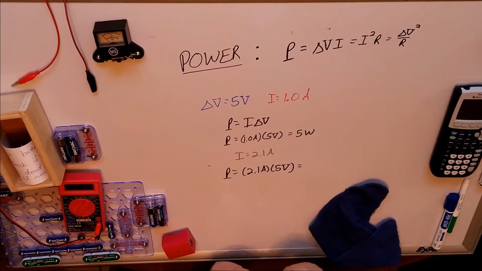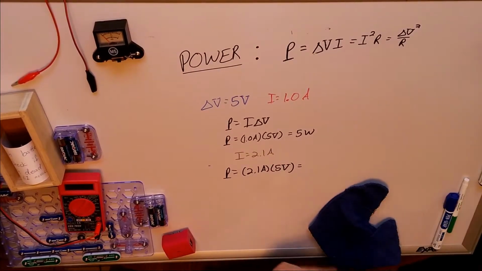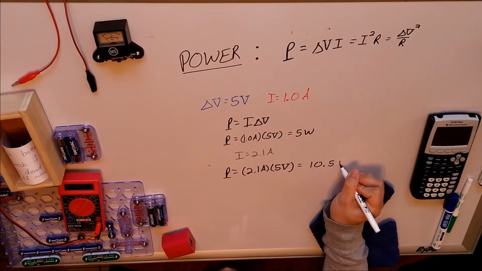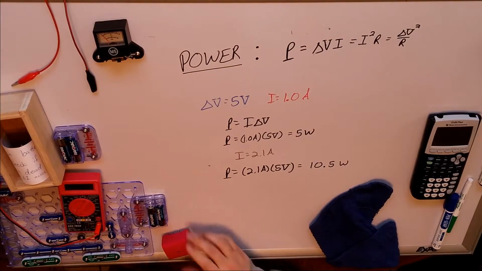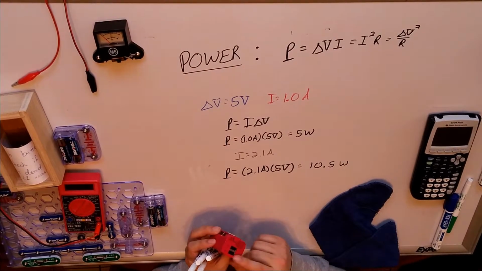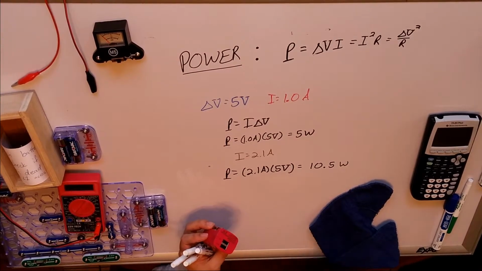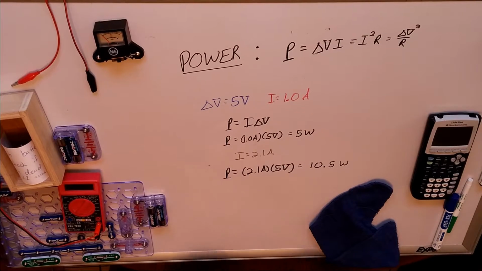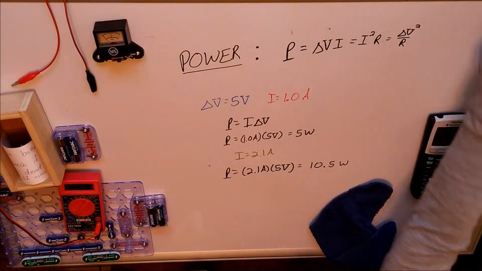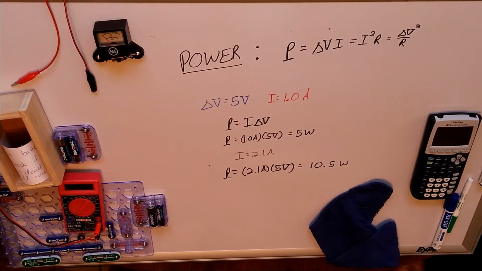Well, I multiply those out and I get, what, 10.5? I'm going to double check. 2.1 times 5, 10.5 watts. Now, some of you may even have these, they're quick chargers. This one will actually charge your devices faster. Be careful using that because some things don't react well to having more power than they're designed to have go through them.